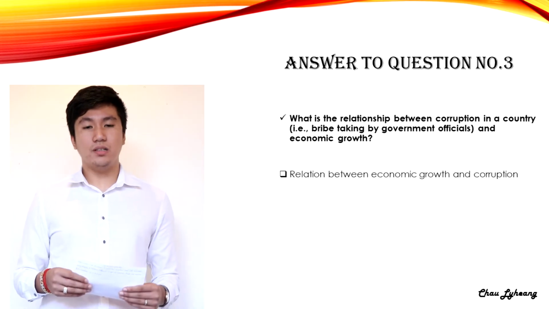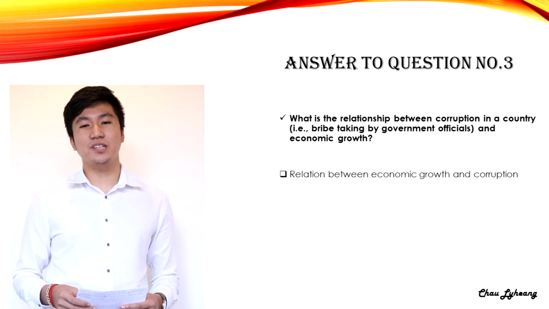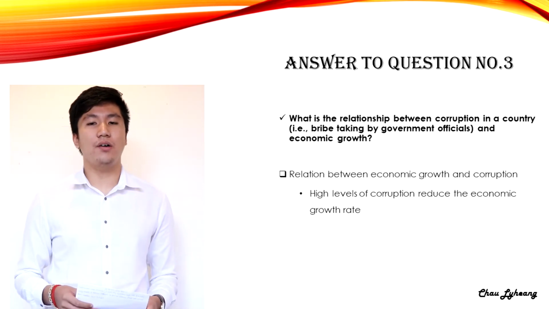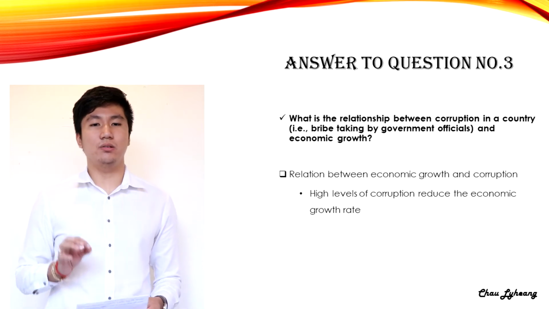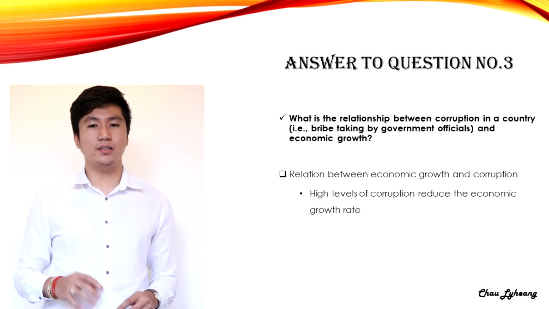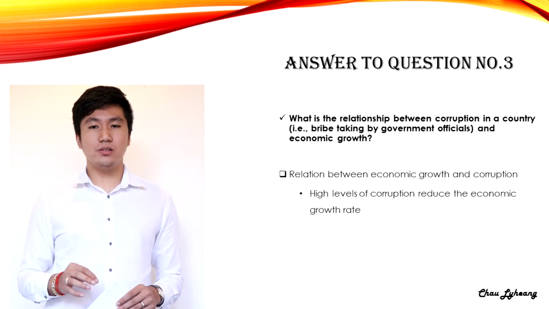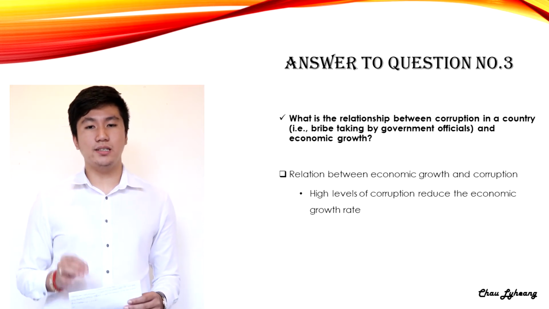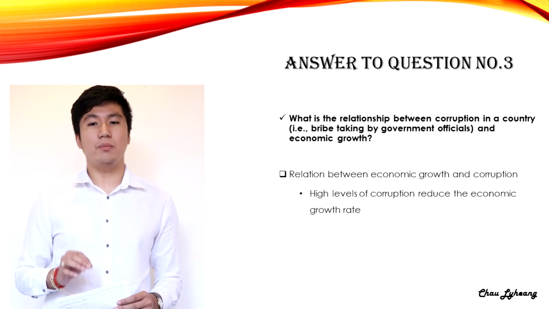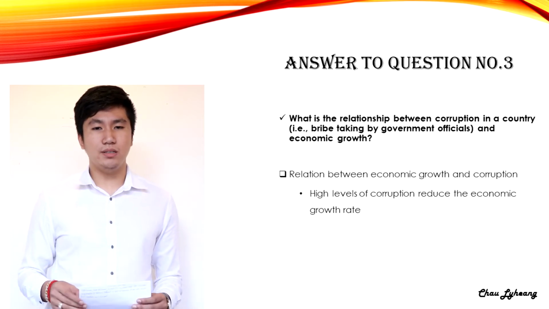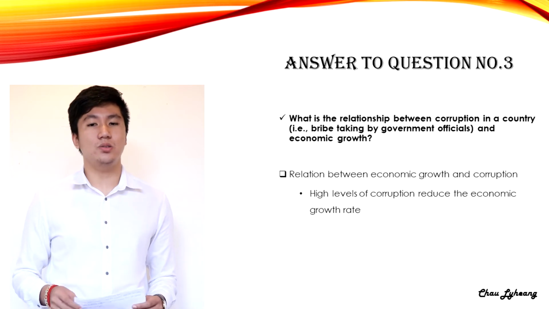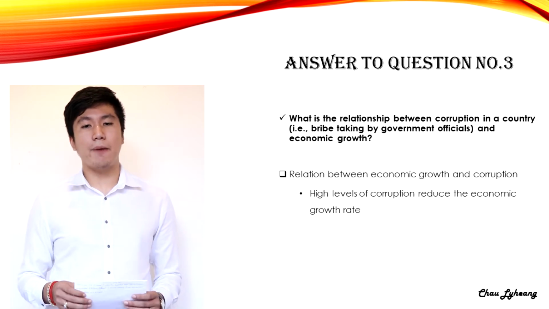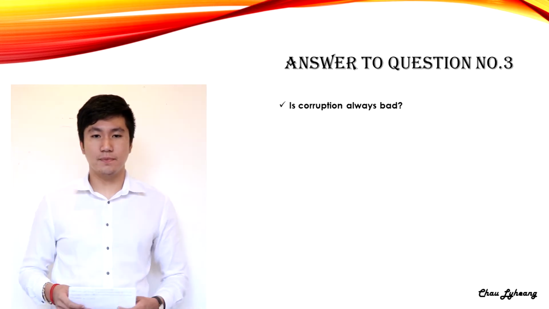Okay, now let's talk about the relationship between economic growth and corruption. Economic evidence says that high levels of corruption might slightly reduce the economic growth rate in a country. Corrupt politicians might reduce the return to investment and reduce the incentive that both domestic and foreign businesses have to invest in the country. The lower level of investment that results has a negative impact on economic growth.